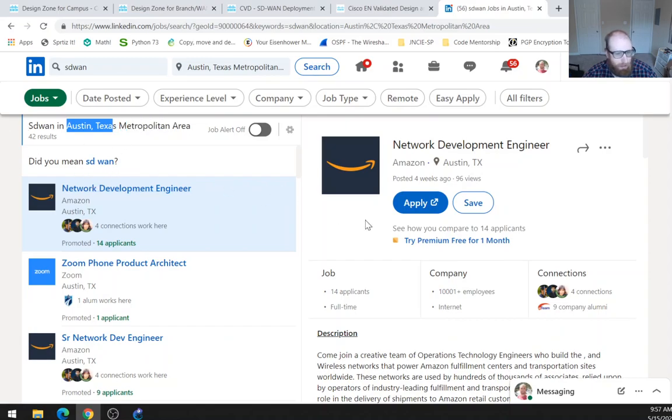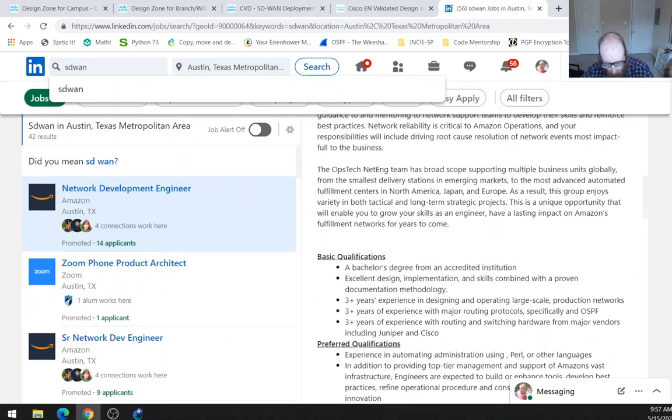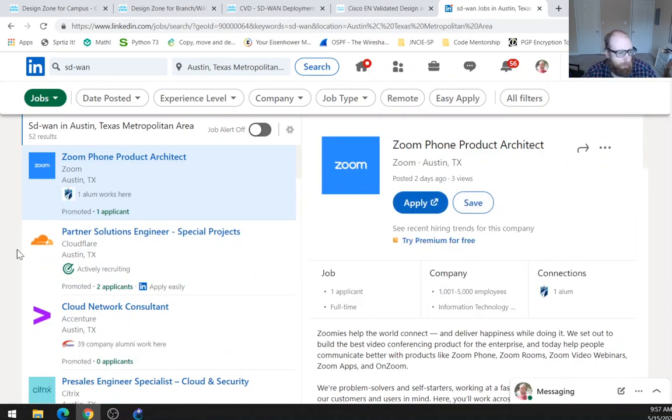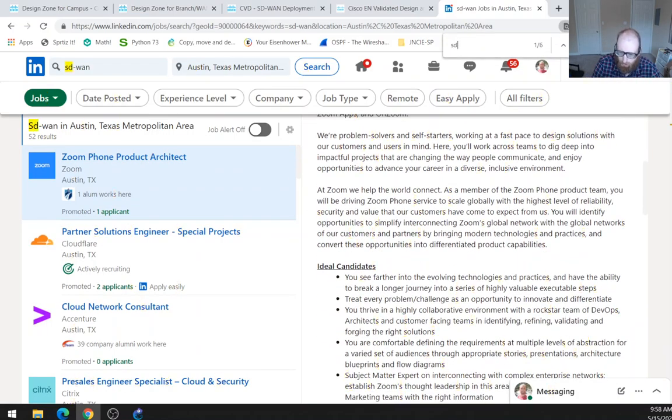But it looks like we only got 42 hits. Let's try it with the hyphen. Okay, we got a few extra, but we still only got 52 hits. That's interesting. I thought SD-WAN was kind of a more lucrative thing.